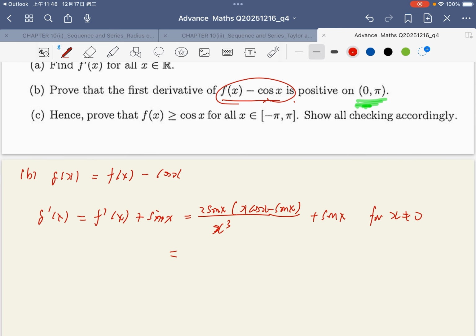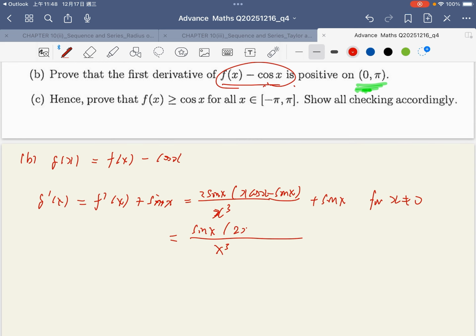Make a common denominator here, x cubed, and factorize sin x outside: 2x cos x minus 2 sin x plus x cubed.